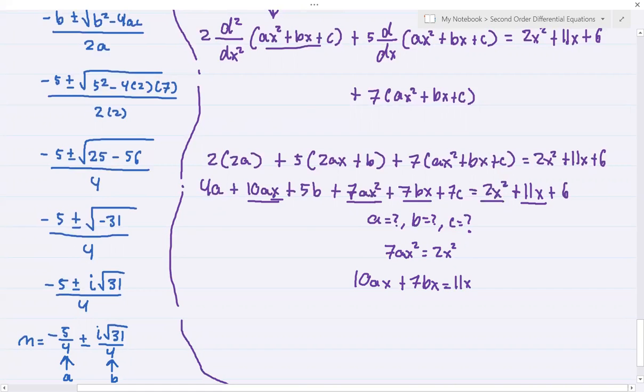There you go. Now, lastly, for the constant terms, we have 4a, 5b, and 7c on the left side. Now, how about the right? On the right side, do you think that we have a constant term? The answer is yes. We have 6 as our constant term.